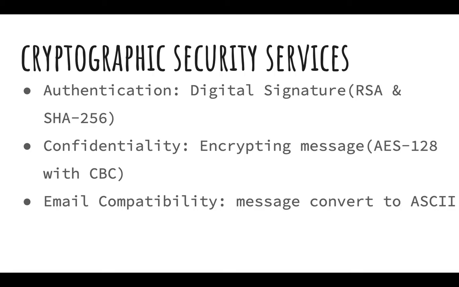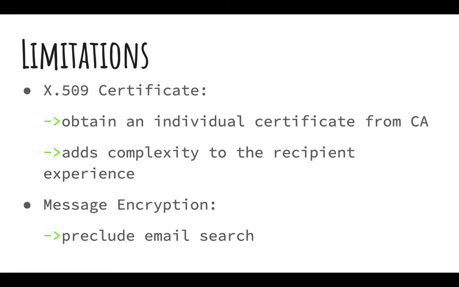For compatibility, many electronic mail systems only permit the use of blocks consisting of ASCII text. To accommodate this restriction, S-MIME provides the service of converting the raw 8-bit binary stream to a stream of printable ASCII characters. There are some limitations of S-MIME.